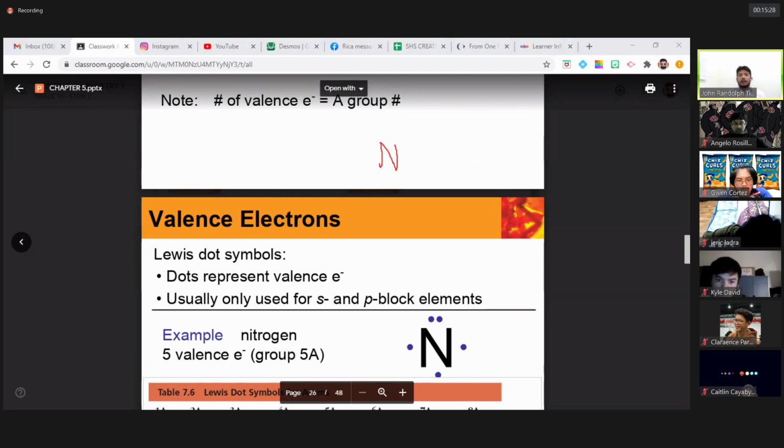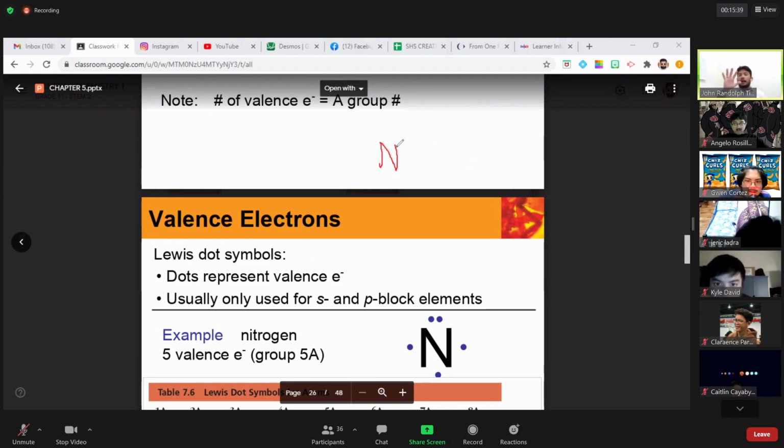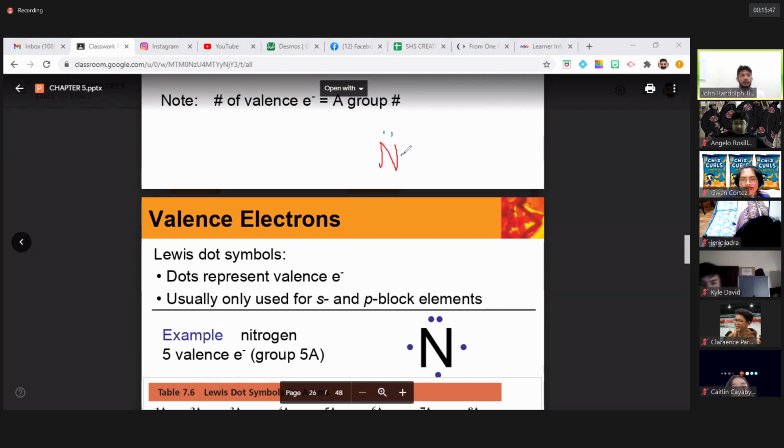When you write the dot, guys, hindi pwedeng, so for example, ganito. Use another color. Hindi pwedeng ganito, di ba? Group 5 yung nitrogen natin. So there are 5 valence electrons for nitrogen. So hindi pwedeng ganito. 1, Lewis dot symbol is dot lang, di ba? 2, 3, 4, 5.